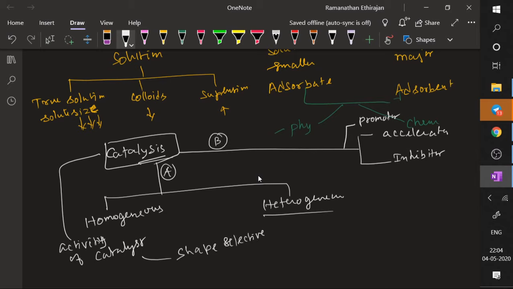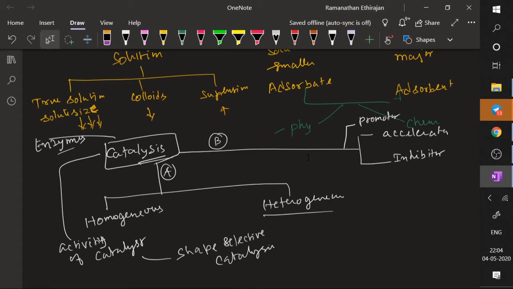Shape selective catalysis. And we'll be studying biocatalysis also, that is called enzymes. So these are all the various topics under catalysis.